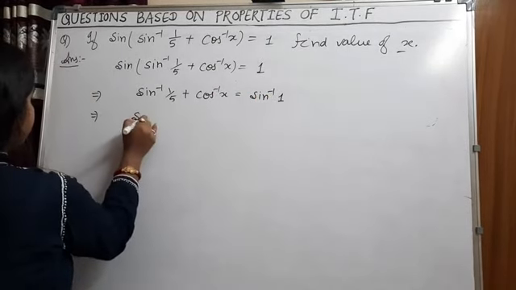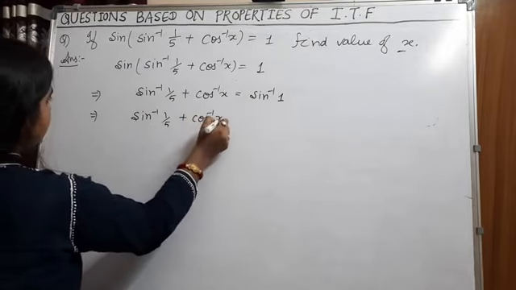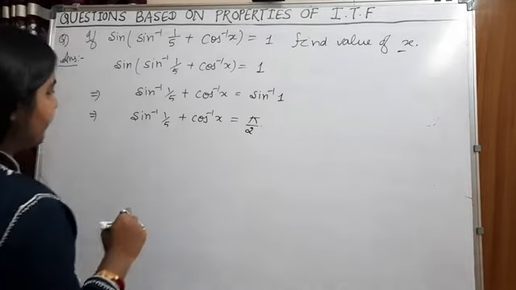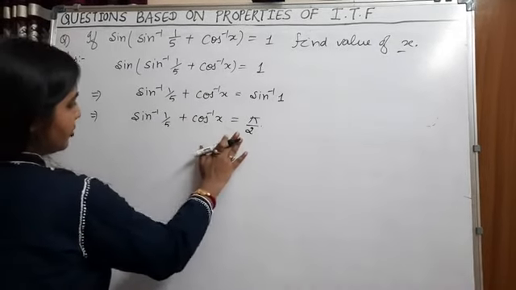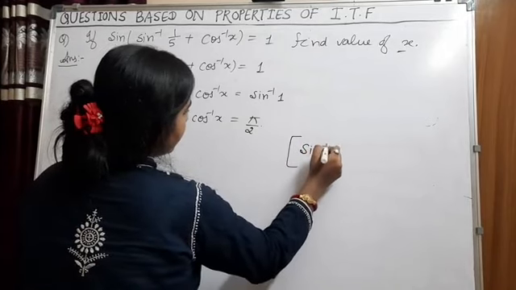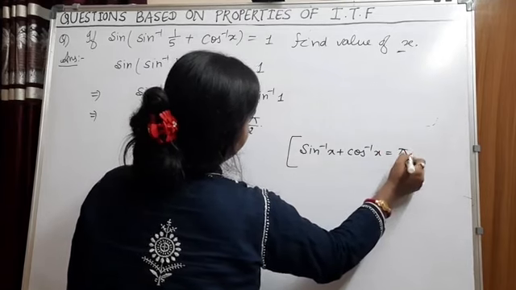Now sin inverse 1 by 5 plus cos inverse x equals sin inverse 1, and we know that this is pi by 2. Now here we have to use the property, means here we will use sin inverse x plus cos inverse x is equal to pi by 2.